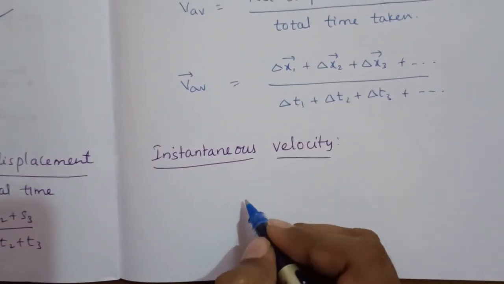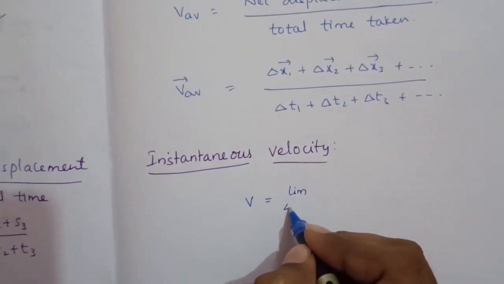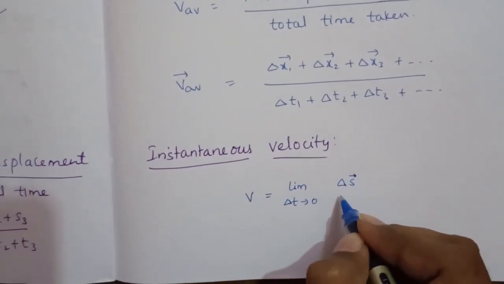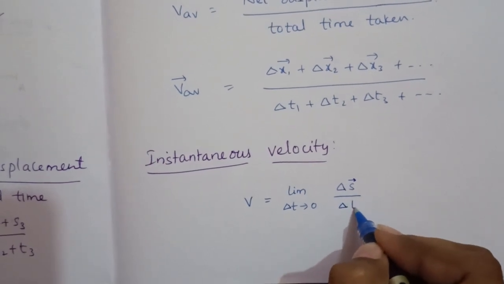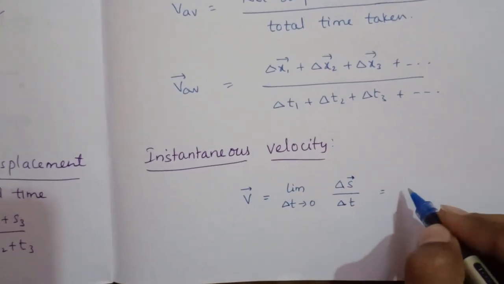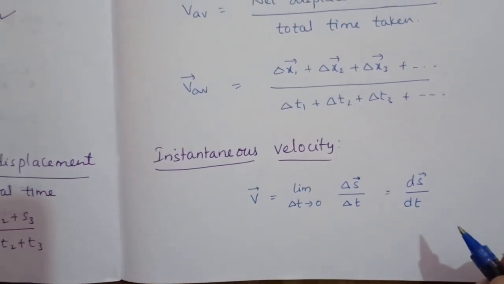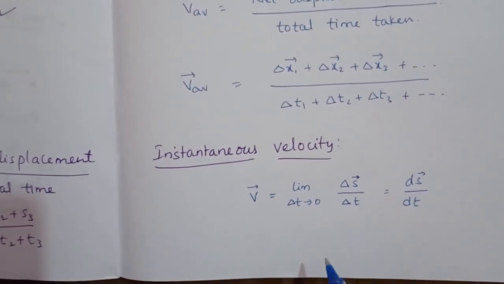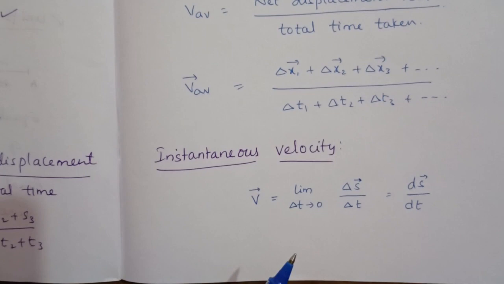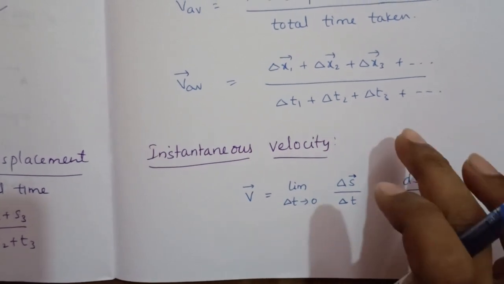Then instantaneous velocity is equal to the limit as delta t tends to 0 of delta s vector, the displacement, by delta t, that is equal to ds vector by dt. Here the magnitude of instantaneous velocity is equal to the instantaneous speed, because speed has only magnitude, equal to the magnitude of velocity, and the direction of velocity will be based on the situation.